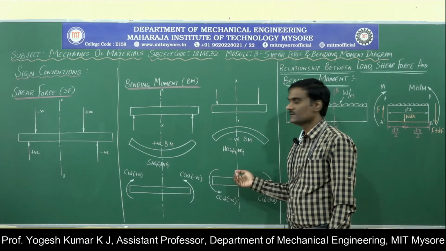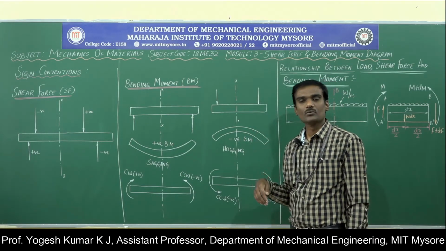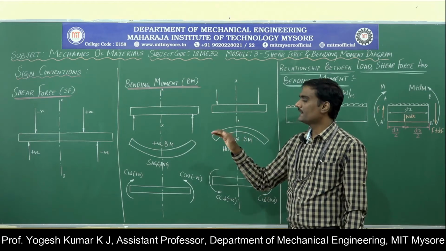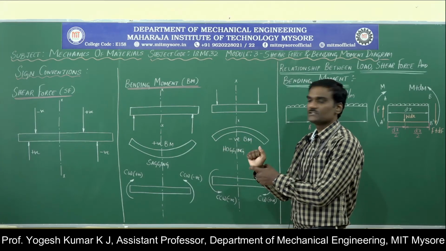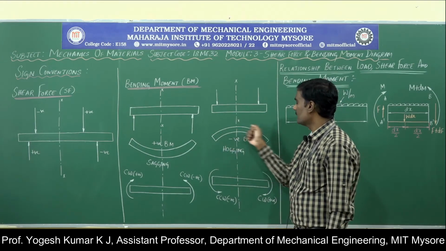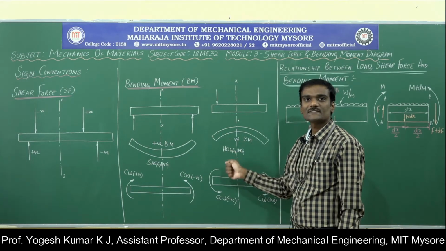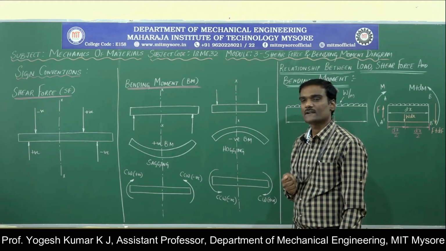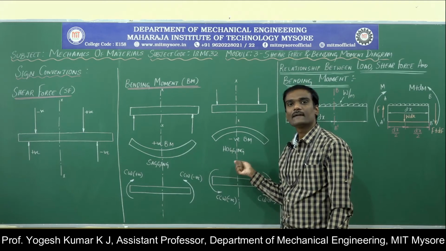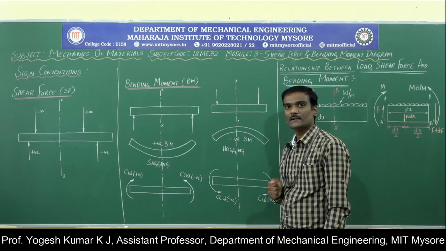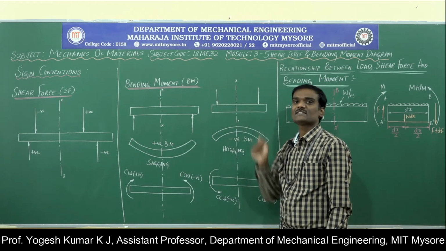Again, the next case is completely a mirror of this. The forces are acting downwards and it is causing the beam to bend in this particular fashion. This type of effect we call a hogging effect. And the hogging effect bending moment is a negative bending moment. Observe the forces are acting downwards on either side of the section.